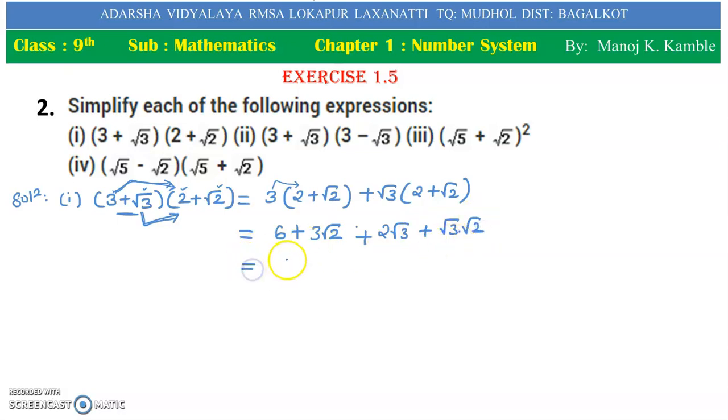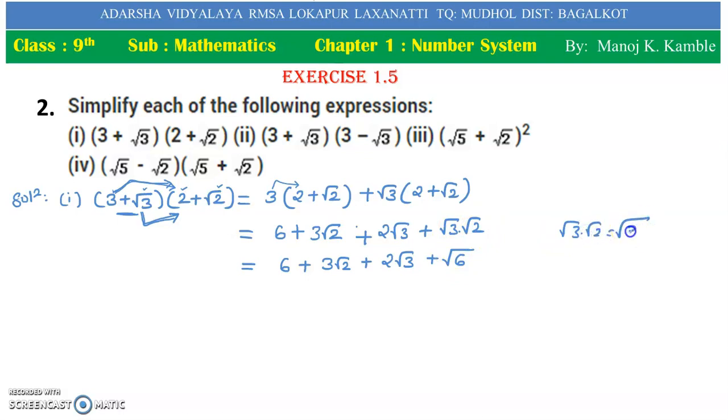Now that is equal to 6 plus 3 root 2 as it is, plus 2 root 3 as it is, and here it becomes root 6. So 3 2s are 6, because here we are applying the common root.